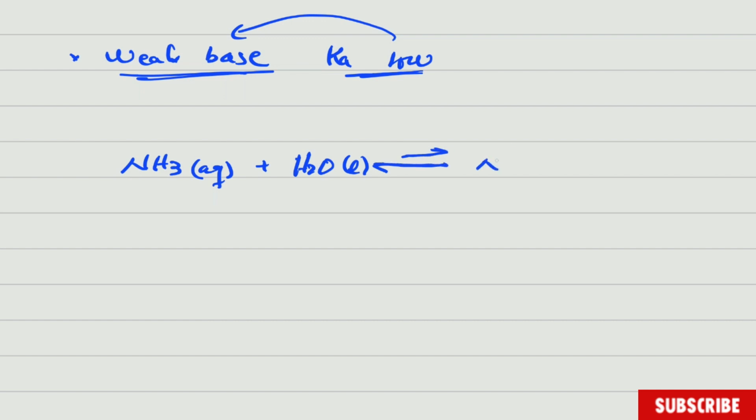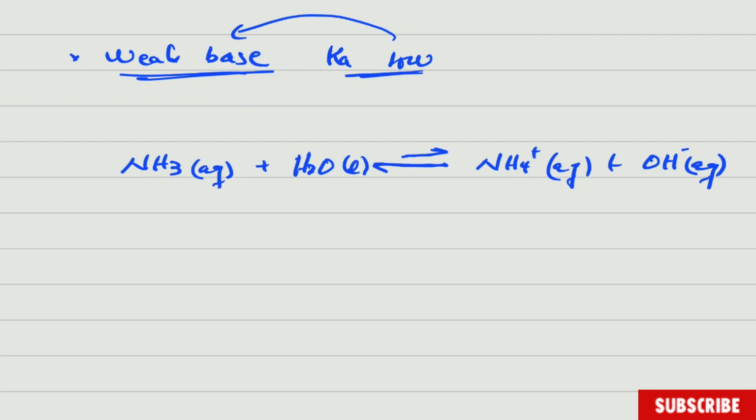And you will have formed NH4+ aqueous plus OH- in aqueous solution.